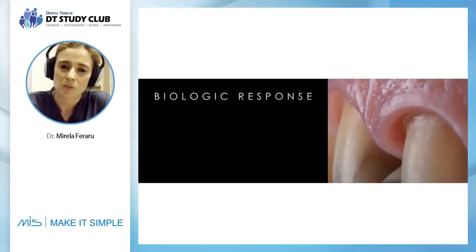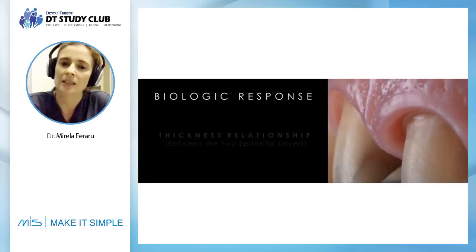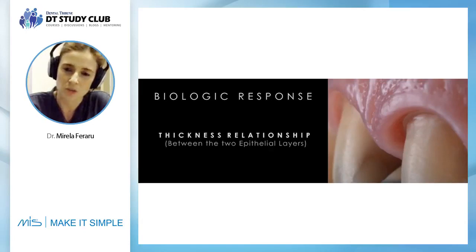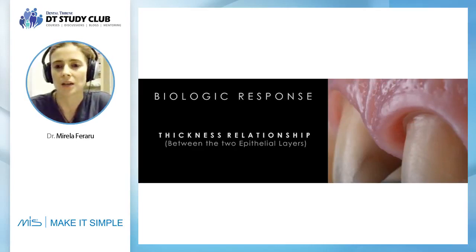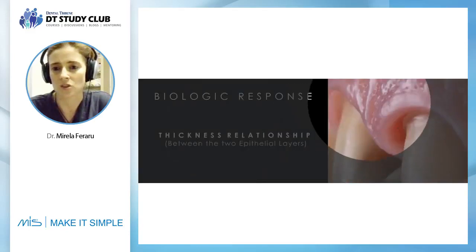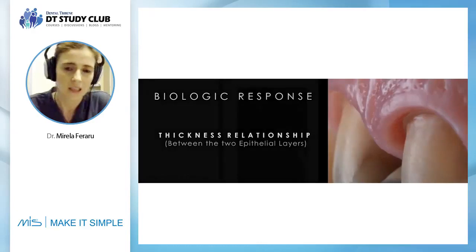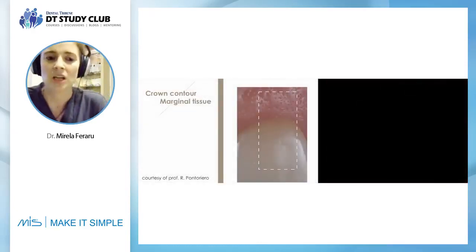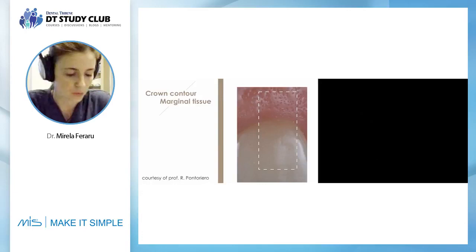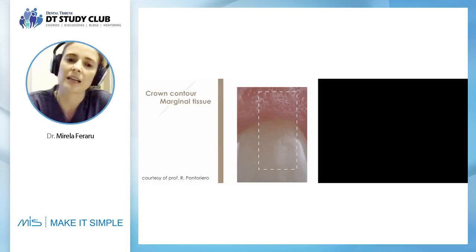So the biologic response to whatever we do intraorally actually depends on the thickness of the connective tissue that we have between the two epithelial layers. I'm referring to the oral epithelium and the intrasulcular epithelium that you can see in this image. What do I mean? These slides are courtesy of Professor Portoriero, but they emphasize very nicely, also from a histologic point of view, what we actually see clinically.